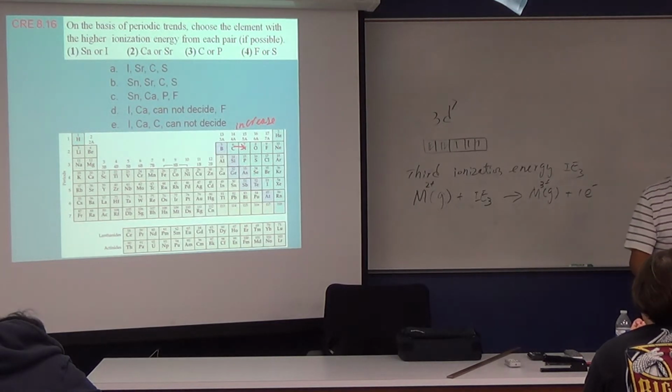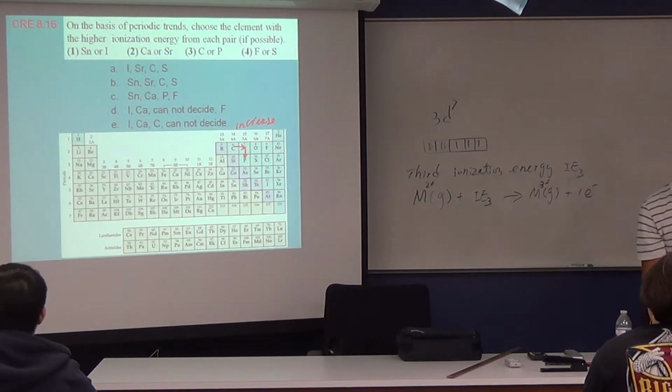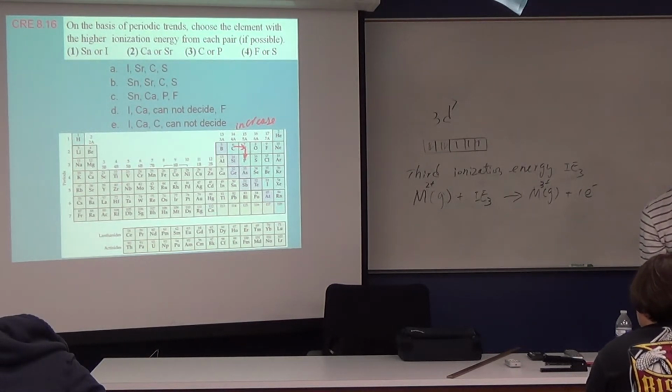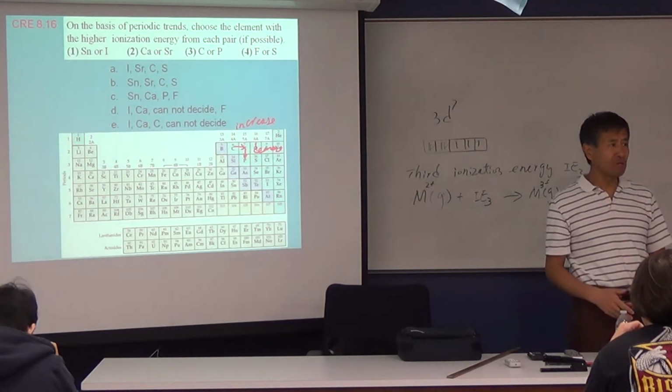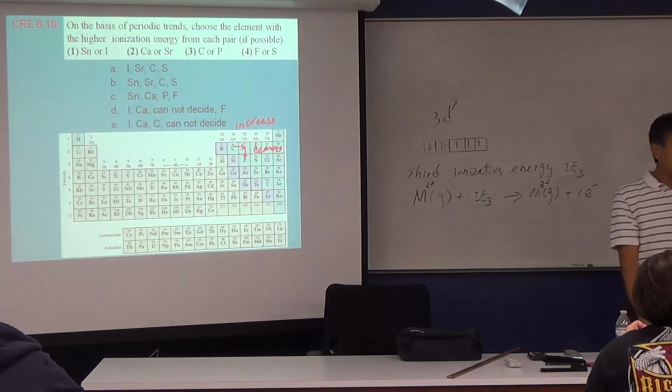To compare C with P, you go from N to P. N and P are in the same column, from top to bottom, and this arrow is a decrease of the IE. The atom gets bigger, so it's easier to remove the electron. Once you have these 2 arrows, if the 2 arrows tell you something different, you cannot decide.